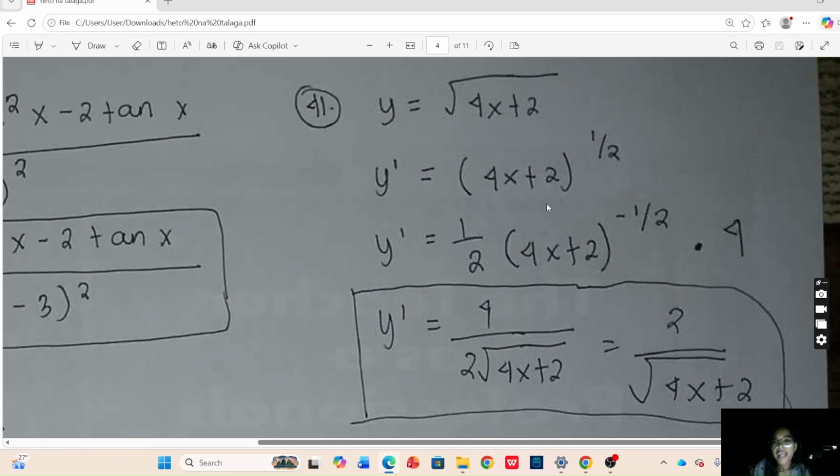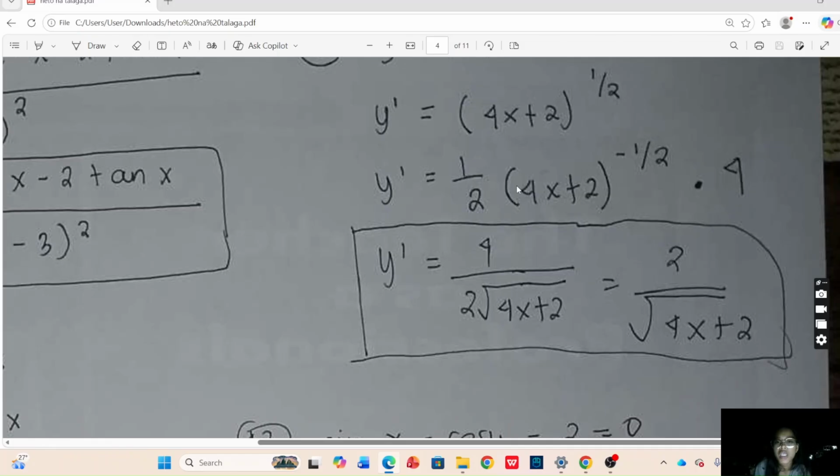So that would be the quantity of 4x plus 2 raised to 1 half. This power, let's have it as our base. That would be 1 half. Then copy the function 4x plus 2. So 1 half minus 1, that would be negative 1 half multiplied by 4. We get 4 from the derivative of the inner function.